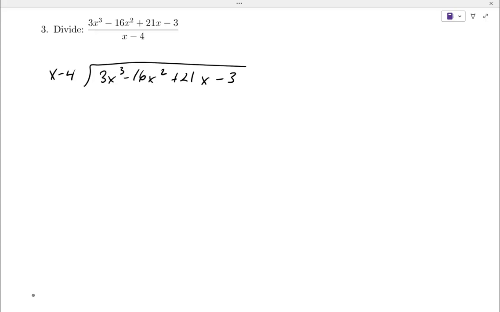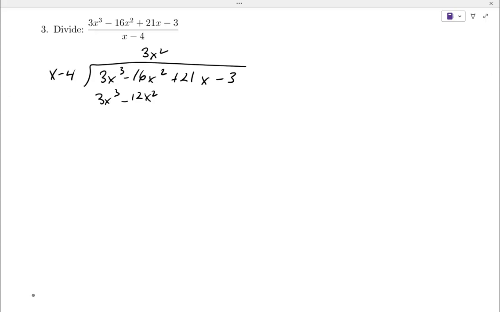The x, right? That piece right there, correct? We want to know what we need to multiply the x by to give us 3x cubed. What is that? 3x squared. Then what do we do? Multiply the 3x squared times the x minus 4, right? So in this case, we get 3x cubed minus 12x squared, right?